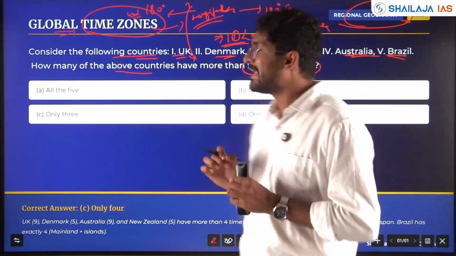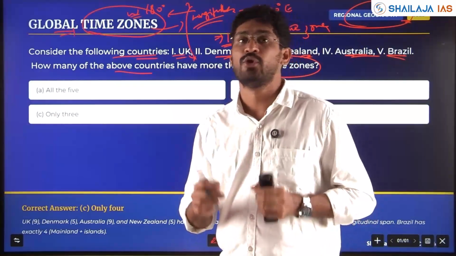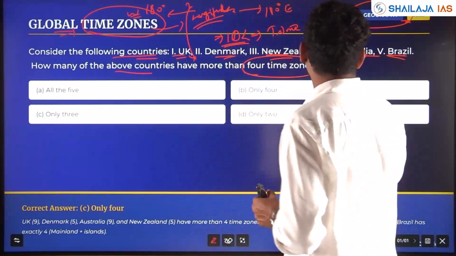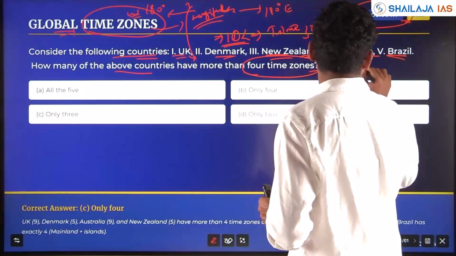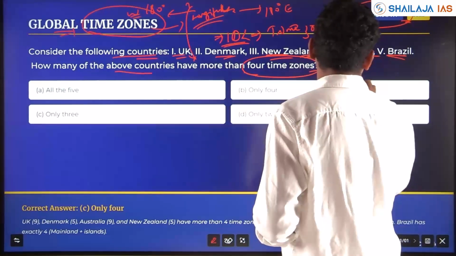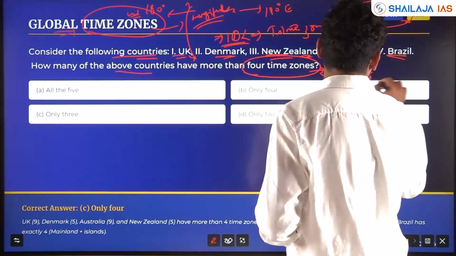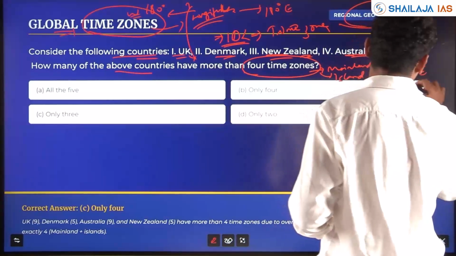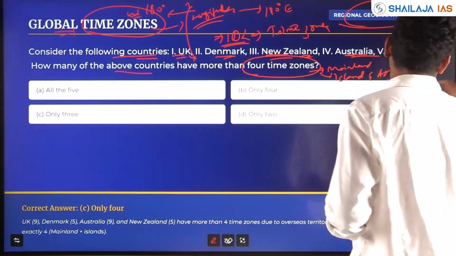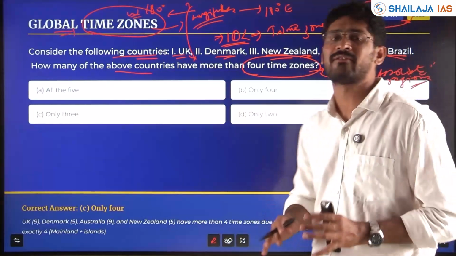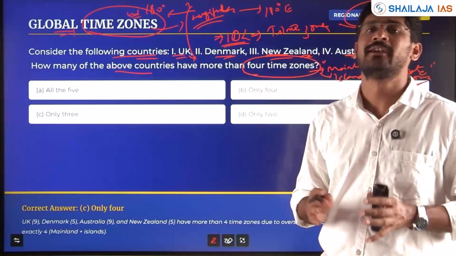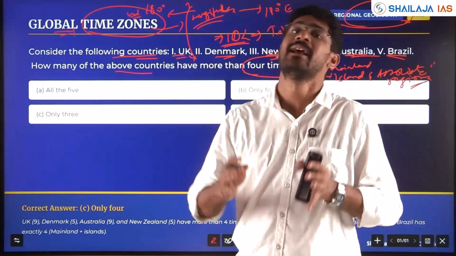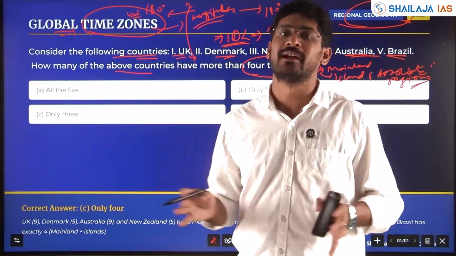This is slightly ambiguous, UPSC. Don't know whether UPSC considered only the mainland or all the islands that the country possesses and associated regions. But in a standard definition, when you say time zone of a country, it includes all its island regions, associated regions of a country.